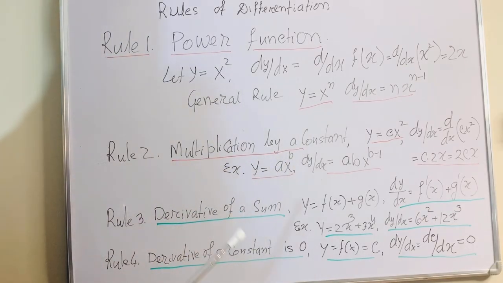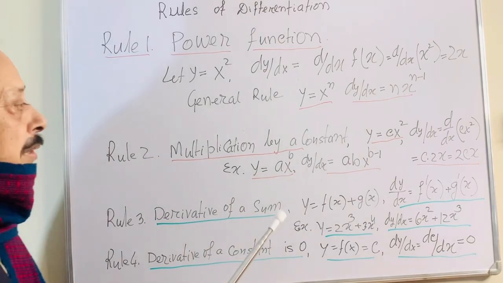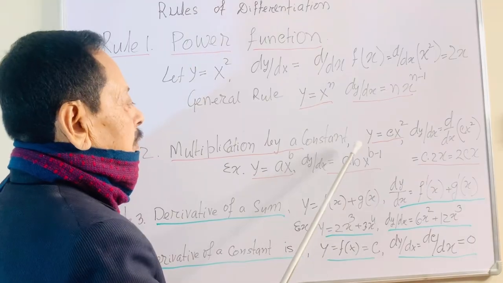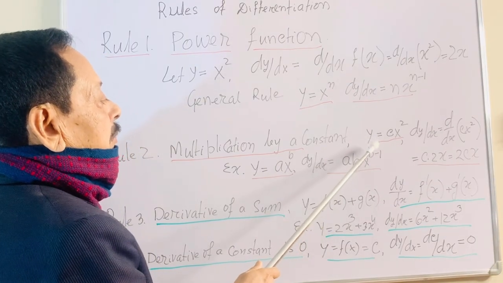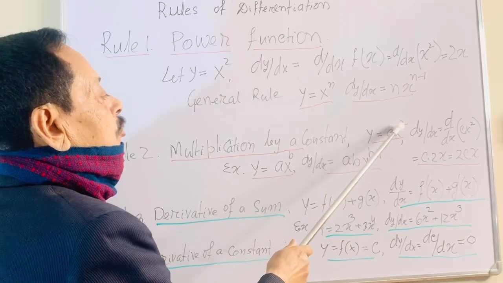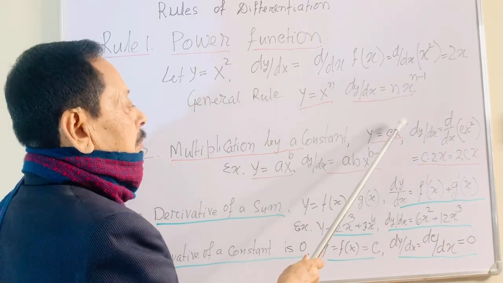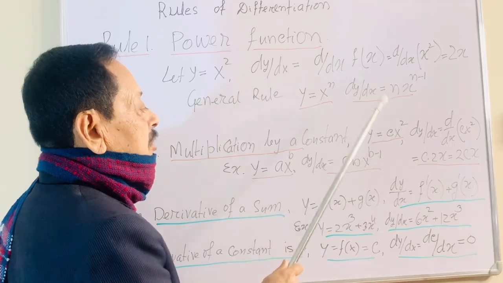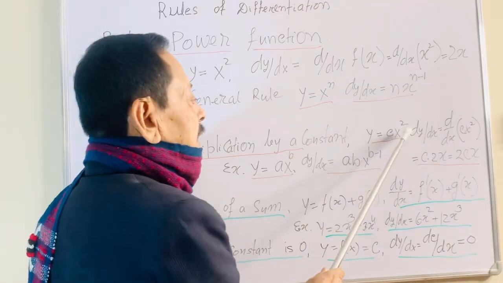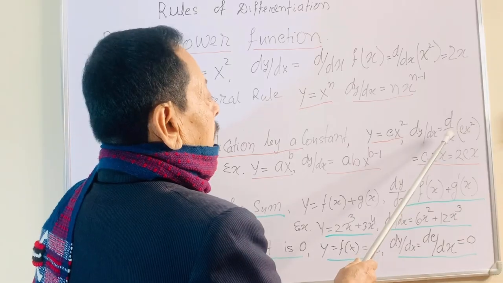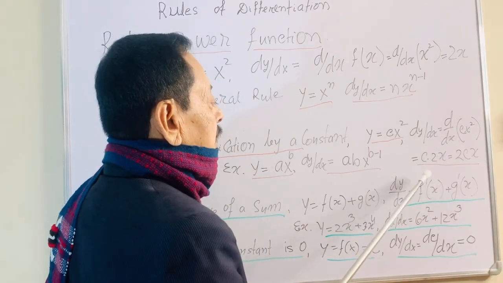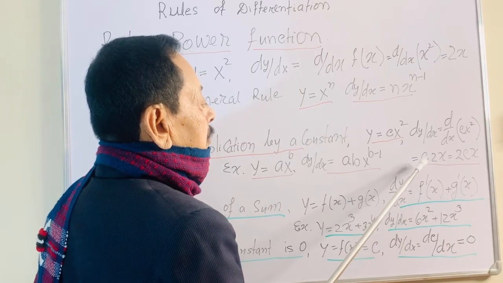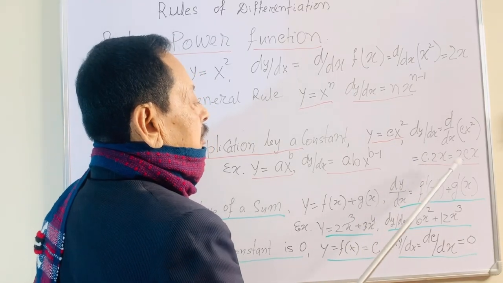multiplication by a constant. Suppose the function is multiplied by a constant. So y is a function of x, and the form is y is equal to c x squared. So it is a power form, but multiplied by the constant c. So dy by dx is nothing but the derivative of the function c x squared, which is equal to c into 2x, equal to 2cx.